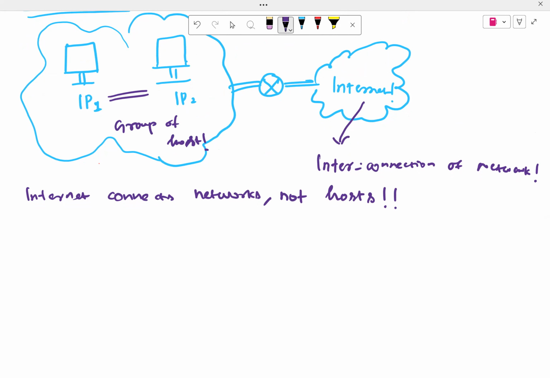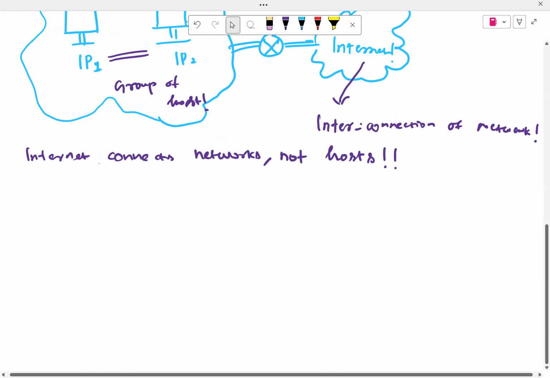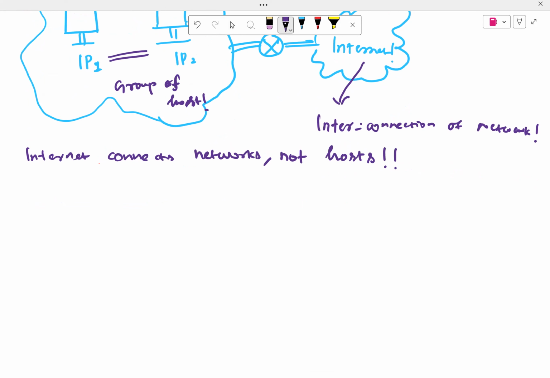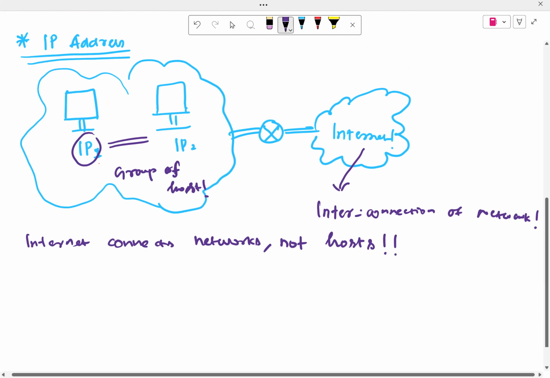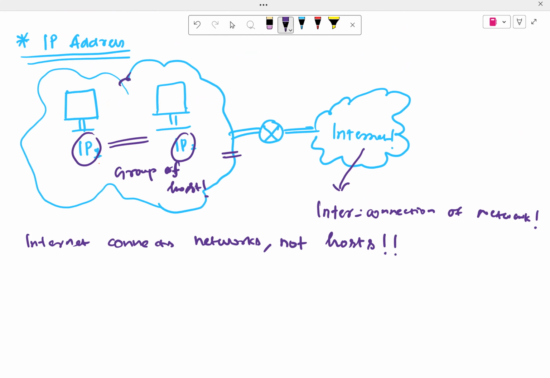But we cannot just assign an IP address to computers. We have to assign some sort of address to the network as well.